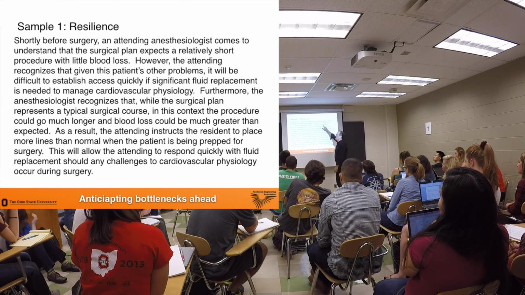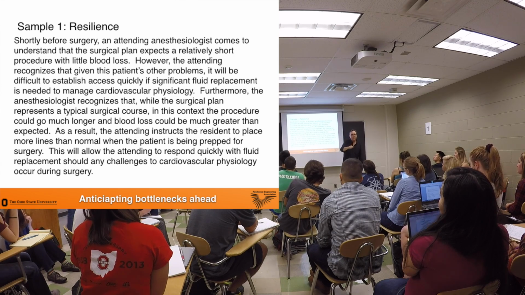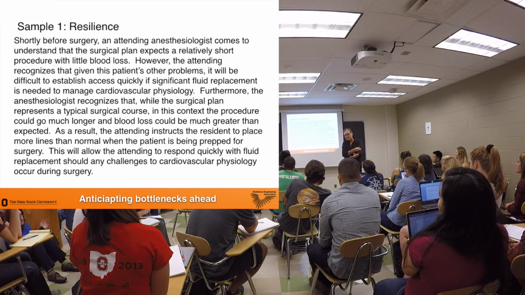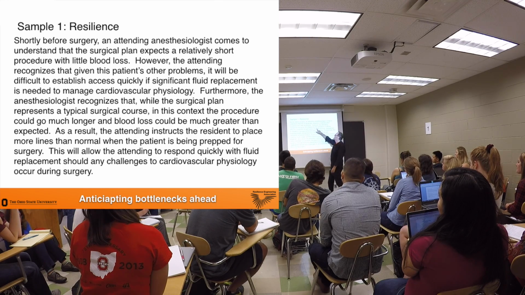All right, but the attending tells the resident, go in early and get extra lines. Extra lines for access into the patient's cardiovascular system to put in fluids or medications. What do you mean? The surgery is supposed to be short with little blood loss, right?